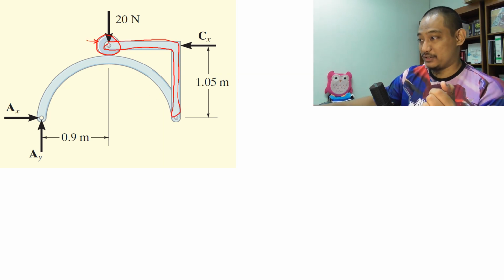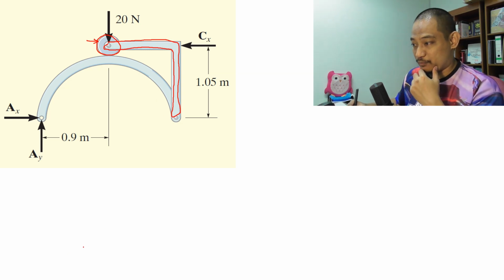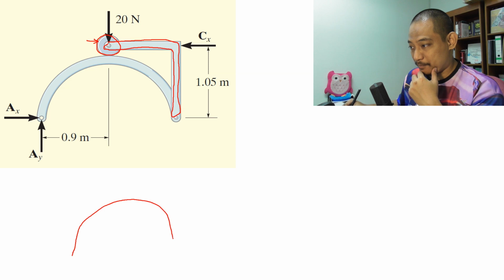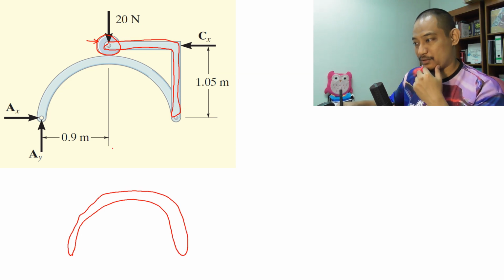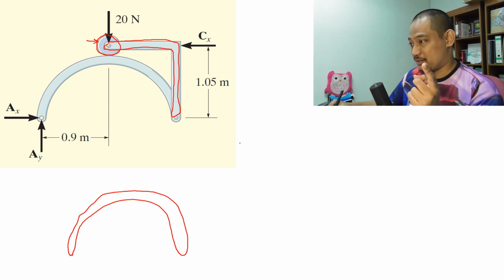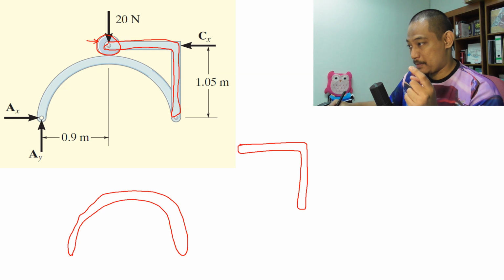So let's consider this. If you take this as one body, you have one body here. You can understand, right? I'm not sure how to label this. Okay, this is one free body diagram, and then there's another one here together with the wheel, right?